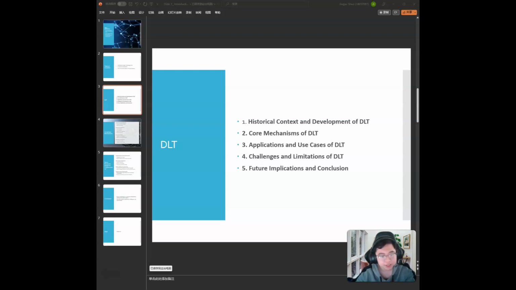For the applications and use cases of DLT, its application transcends its initial cryptocurrency realms. With cryptocurrencies like Bitcoin, DLT provides a secure and transparent mechanism to validate and record peer-to-peer transactions without intermediary intervention. A pivotal innovation has been smart contracts, which are self-executing contracts coded with predefined rules and consequences, executed automatically upon condition fulfillment.